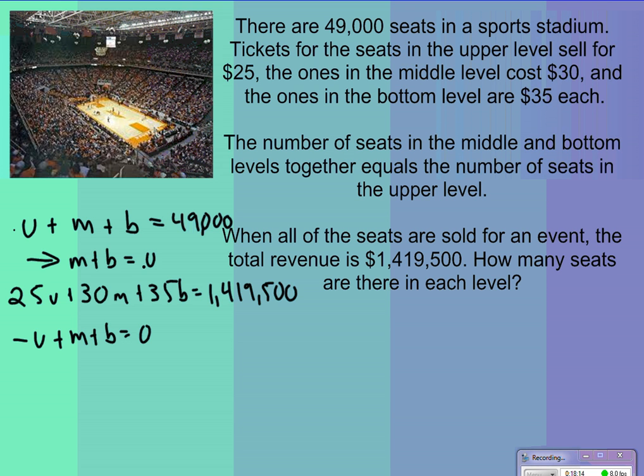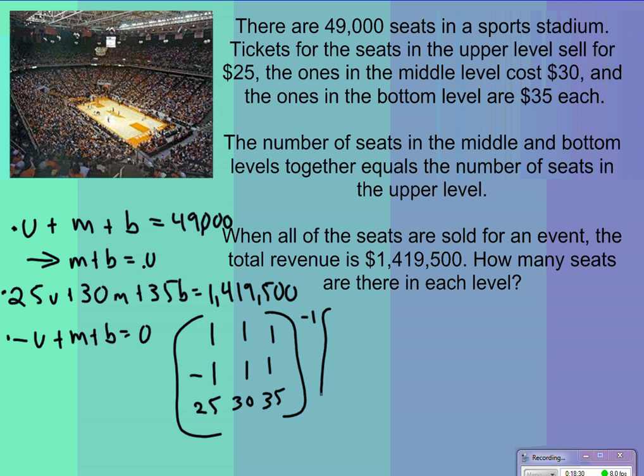So then I would use this one, and this one, put that in a calculator and see what I get. So that'd be 1, 1, 1, negative 1, 1, 1, 25, 30, 35. And then over here, I'm going to have 49,000, 0, and the 1,419,500.